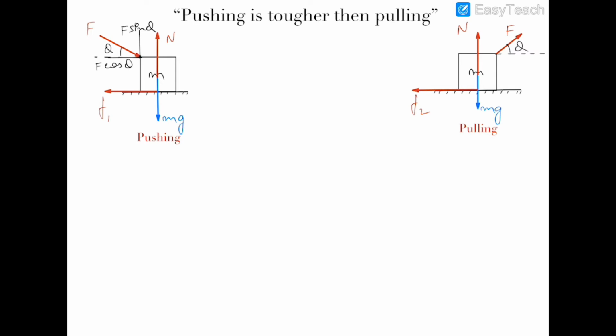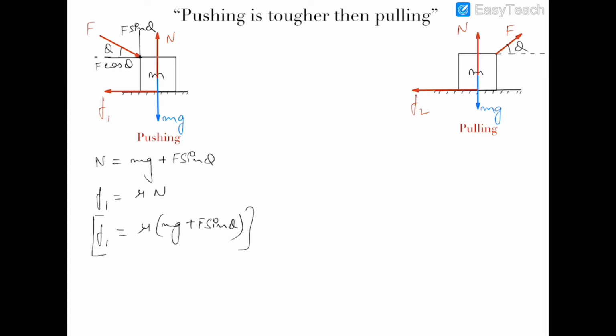So the normal reaction in this case will be equal to mg plus F sine theta, and therefore the friction acting in this case will be mu into N, and F1 will be equal to mu into (mg plus F sine theta). So this is the friction acting in the case of pushing.